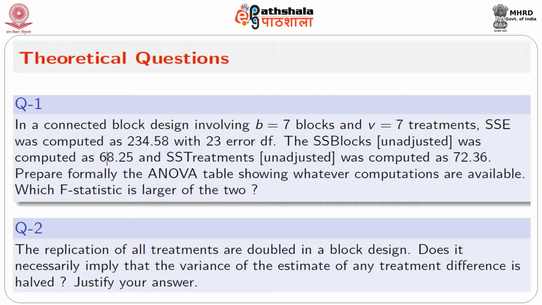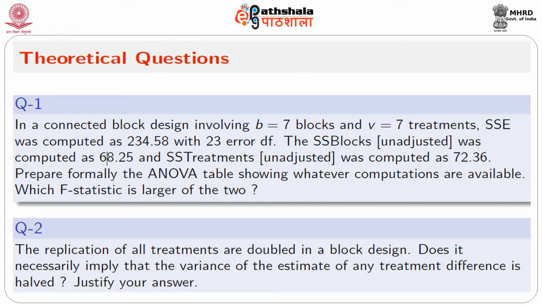Yeah. But interestingly, they are saying that there are 23 error degrees of freedom. If error degree of freedom is 23, because it is a connected block design, the block degree of freedom is 6 because there are 7 blocks, and the treatment degree of freedom is 6 again because there are 7 treatments. So 6 plus 6 plus 23, that makes it 35. Therefore, the total number of observations must be 36. That much we know. There are altogether 36 of the patients.